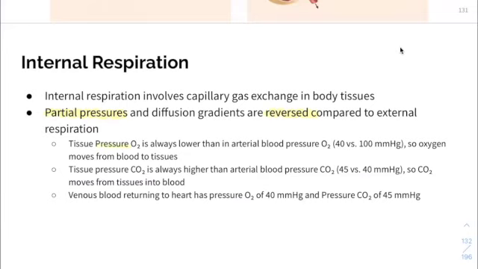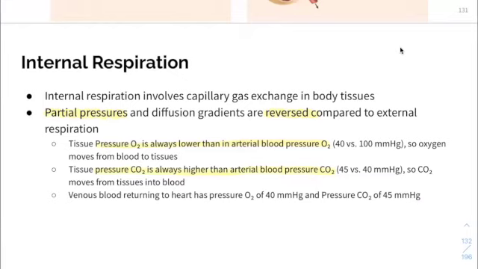So our pressure for oxygen is always lower than in arterial blood. Why? We want oxygen to leave the blood and go into the tissues. The pressure for carbon dioxide is always higher than arterial blood. Again, we want carbon dioxide to leave the tissues and get into the blood.